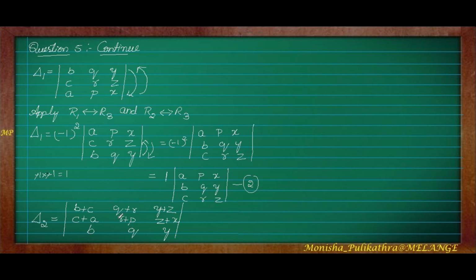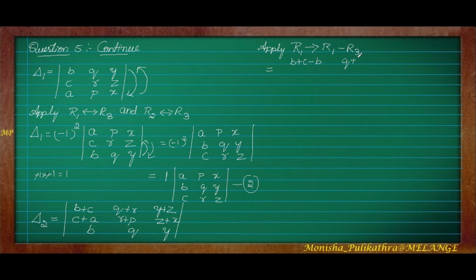Okay. So delta 2 is b plus c, q plus r, y plus z, c plus a, r plus p, z plus x, b, q, y. So here first I will apply R1. I have to change R1 to R1 minus R3. Okay, so B plus C minus B, because I am subtracting 3 from 1.